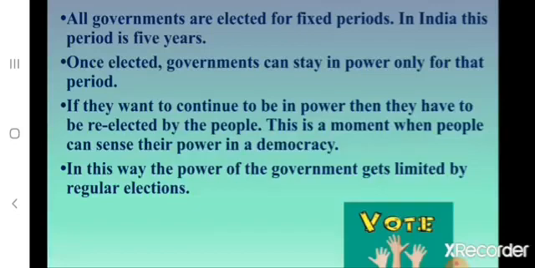In this way, the power of the government gets limited by regular elections. This means people cast their votes to elect their representatives, and this is one way by which people participate in a democratic government.